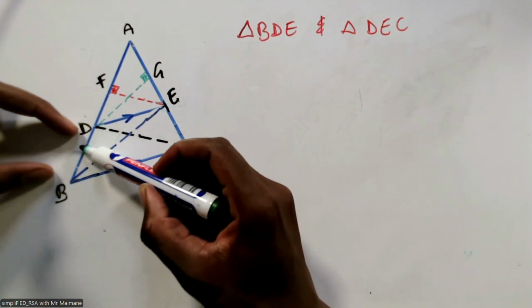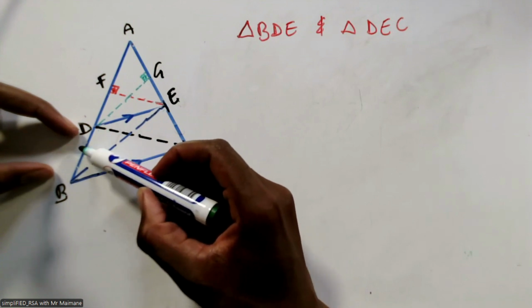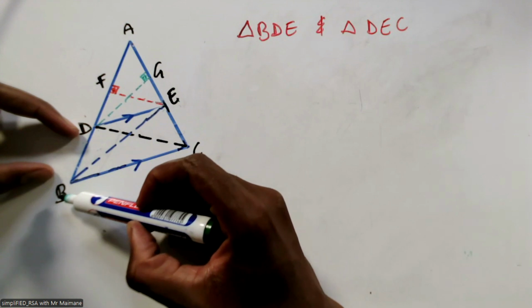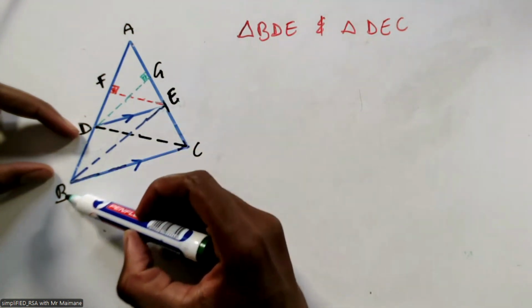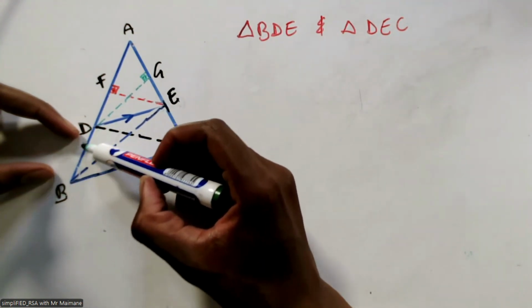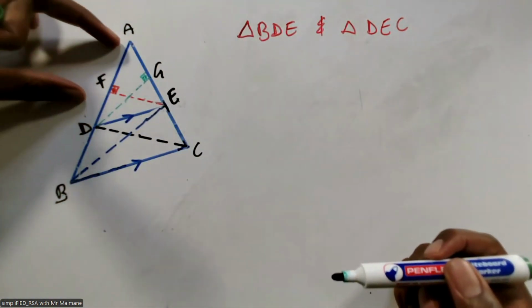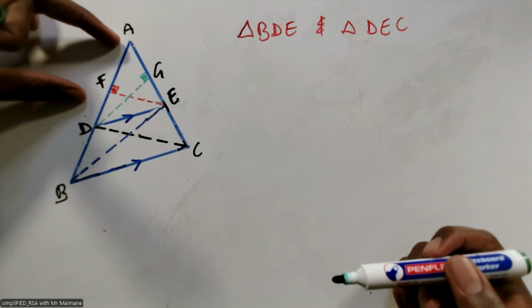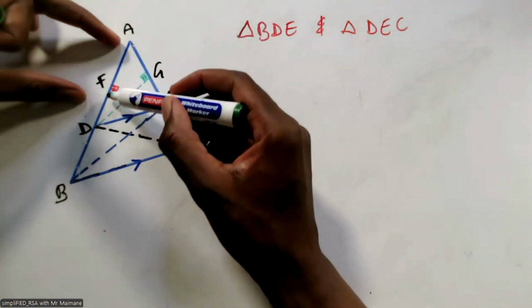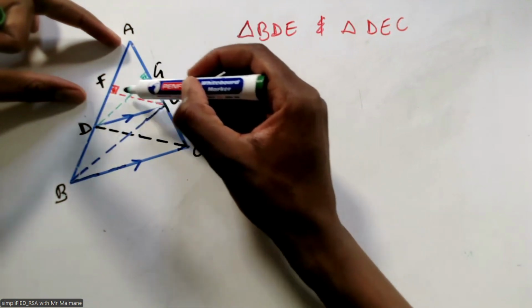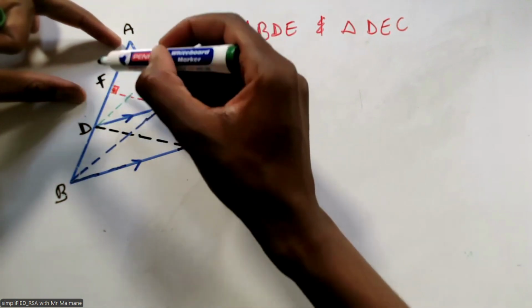Also, when you look at triangle ADE, we can see that the height is also EF, but the base is AD.